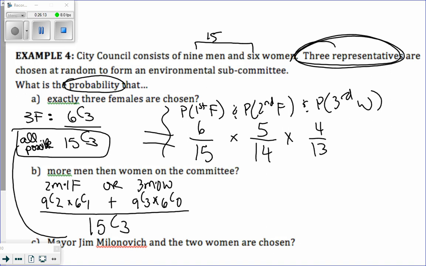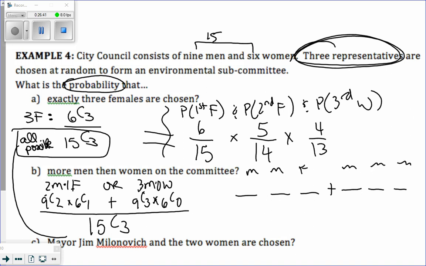Now, if you want to do this with probability, you would have to do it as the first person's a male, the second person's a male, the third person's a female, plus the first person's a male, the second a male, the third a male.